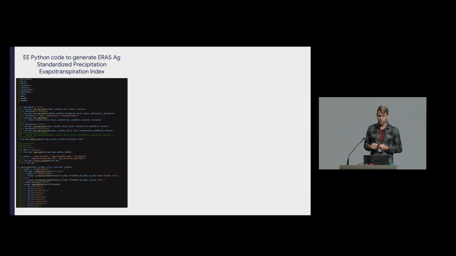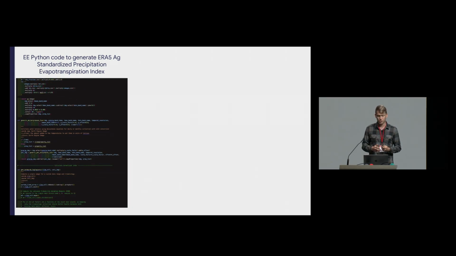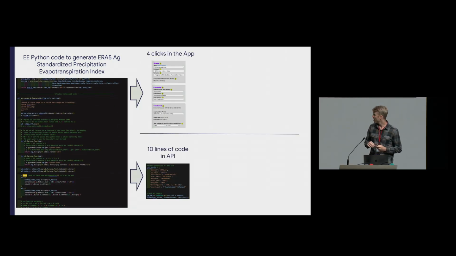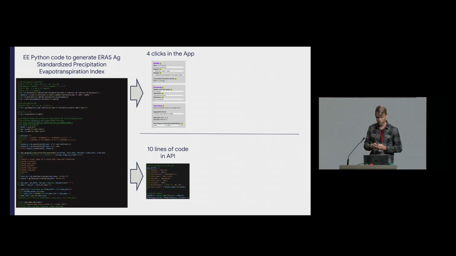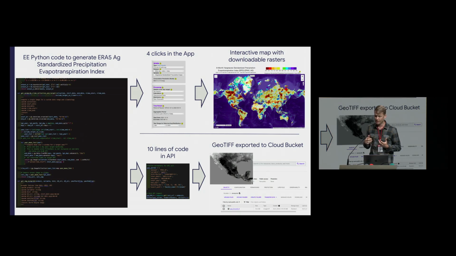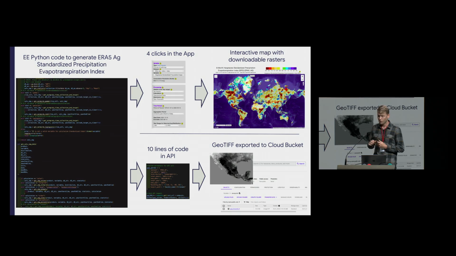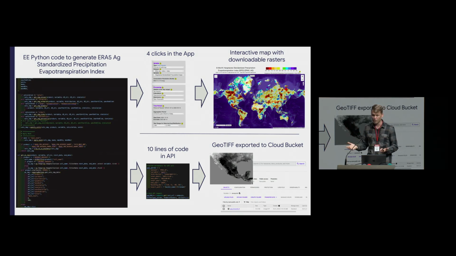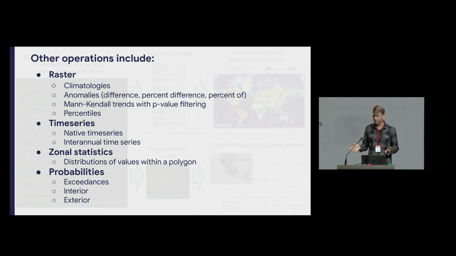And then on top of each of these data sets, we have scientific computing that can calculate drought indices and other derived indices that we make easy to do in our app with 4 clicks or 10 lines of code in our API, and then return an interactive map in the Google Maps API if you're in the app, or a geotiff in a cloud bucket if you're using the API. And we have many different calculations that we enable.